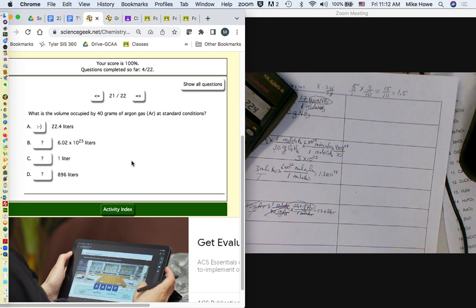If you were in 7th hour, you got to think back to the egg conversions that we did in class on Wednesday. So remember how we said if all the eggs in the universe weighed 0.5 pounds, this is kind of the same thing. So if I had 40 pounds of eggs, how many eggs would I have?